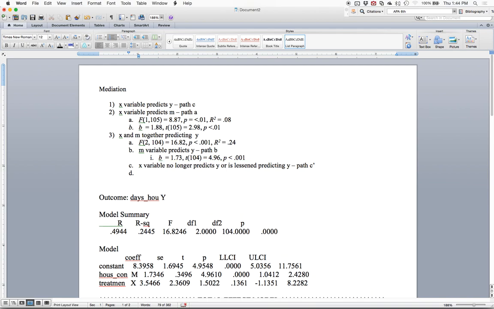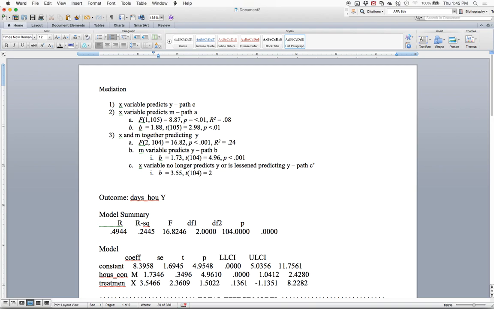All right, now what about C prime? Okay, so it is X predicting Y, but it's going to be C prime because we've got M in there. So M is tossed in, so be sure you're doing this one as C prime. And so let's see here. We want this to be non-significant in the perfect world, but we're also going to use the Sobel test. So 3.455. The T value here is 104, right?